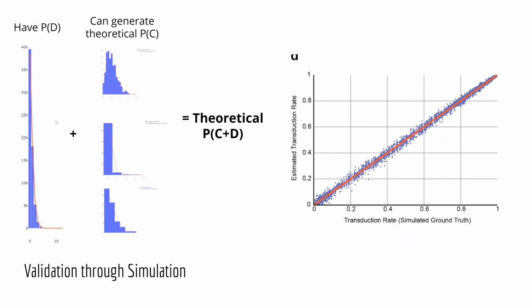We were able to simulate this because we have distributions of the background transcripts, and we can generate infinite amounts of theoretical negative binomials for transcripts within cells to then sample from this theoretical C plus D and use our method to recover the estimated transduction rate, which we found was in very strong agreement with the theoretical probability of a transcript being greater than 0.